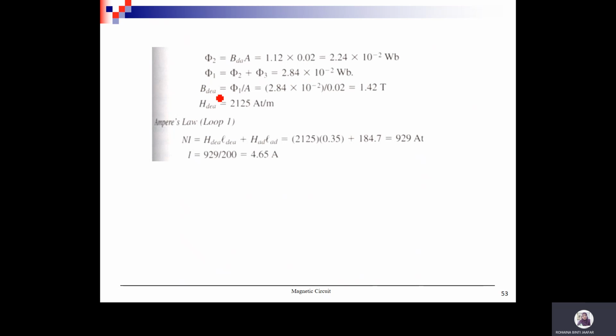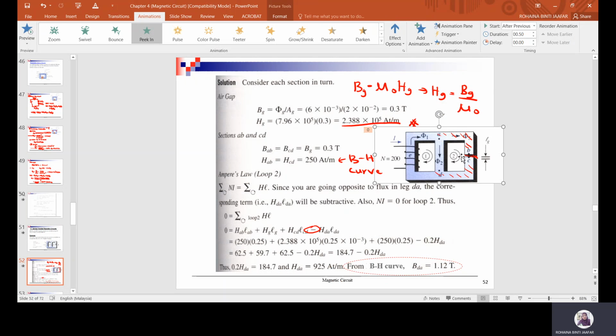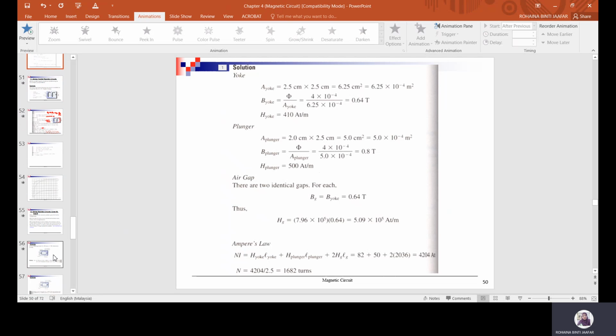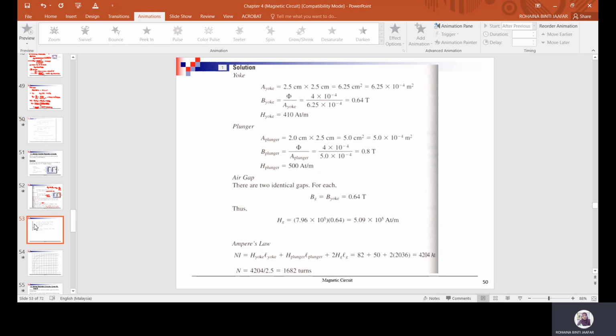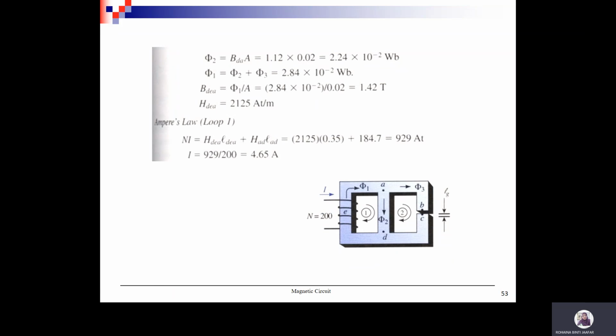BDEA is equal to, okay, let's copy this one. So flux 1 equals flux 2 plus flux 3, the same as I in equals I out.